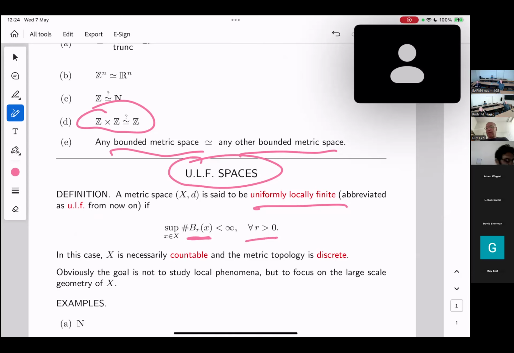The number of elements in every ball is finite, and not only finite, but uniformly finite, in the sense that the supremum over all balls of the same radius is finite. In that case, it's easy to see that the space must be countable and the metric topology is discrete. As we already mentioned, the goal is not to study local phenomena, but to focus on the large scale geometry of our space X.